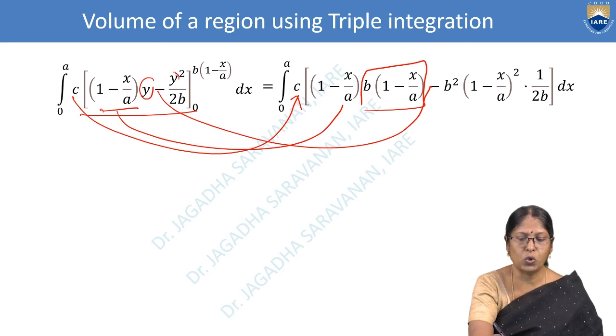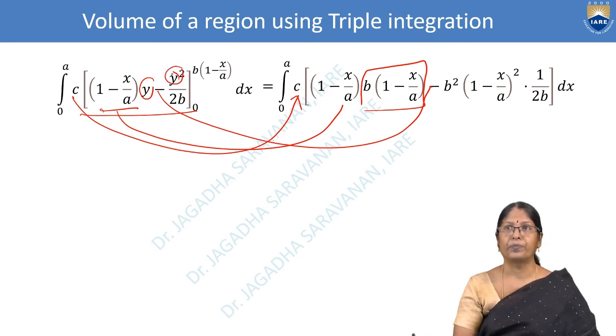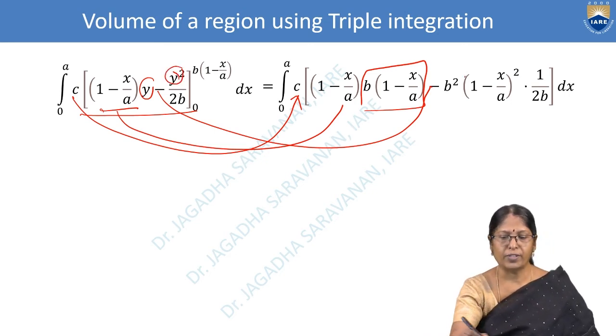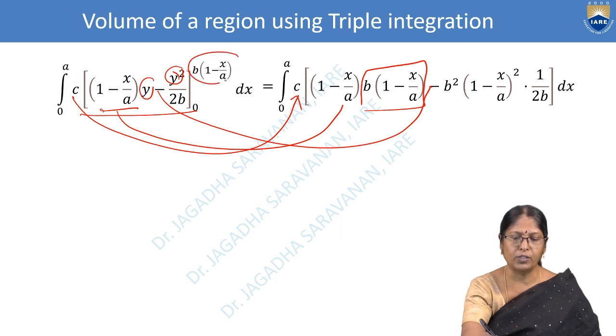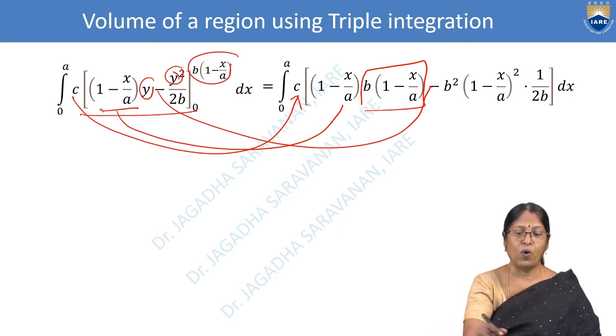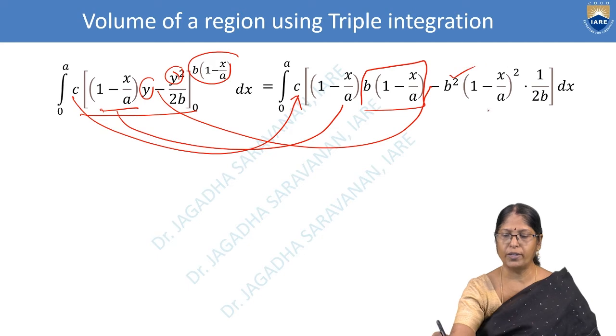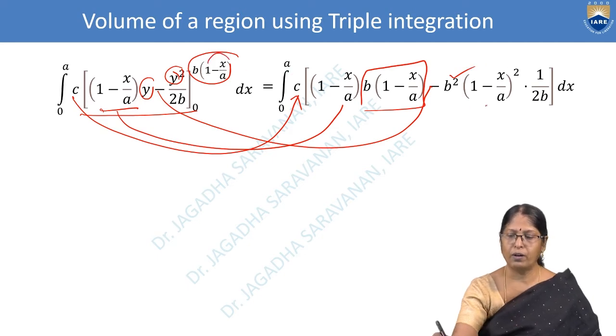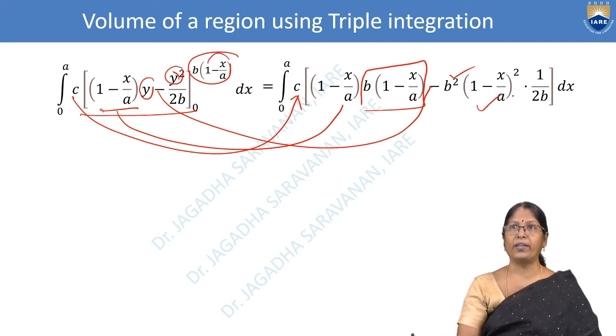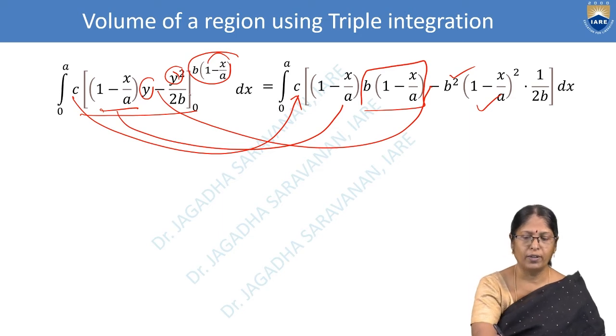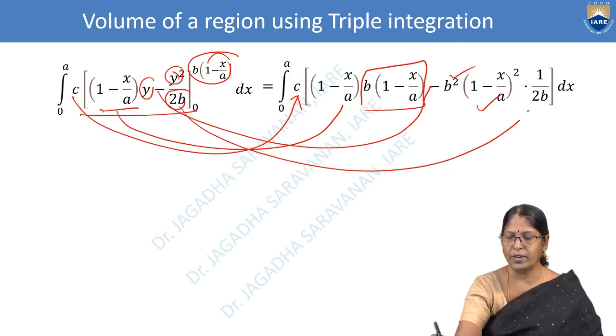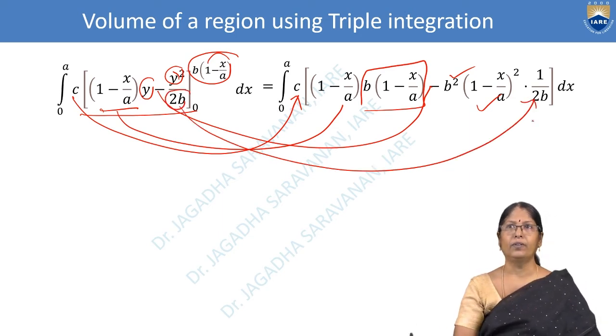This minus sign is as it is. And for y square, we are substituting the upper limit, so b square and the whole square of (1 − x/a). This 1 by 2 is written here. So we substituted the upper limit.